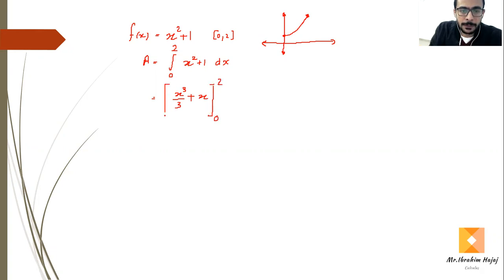We start by plugging in 2: 2 to the power of 3, which is 8, over 3, plus 2, minus the lower limit 0 plugged in instead of x: 0 to the power of 3 over 3, plus 0.